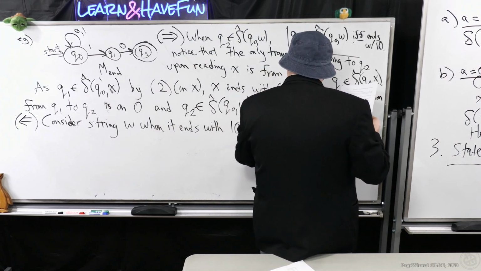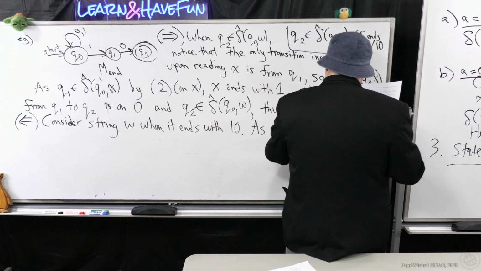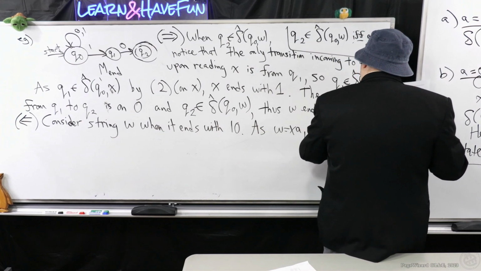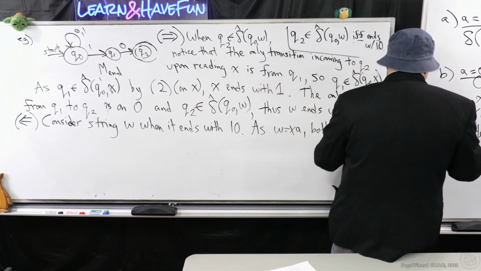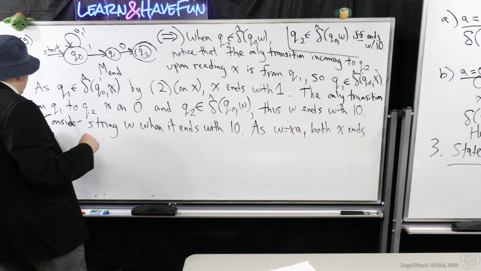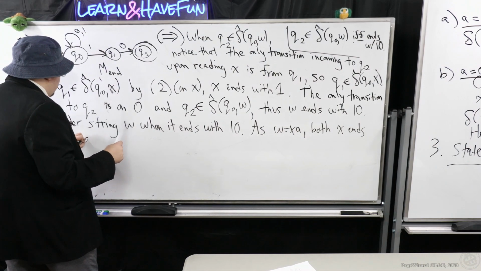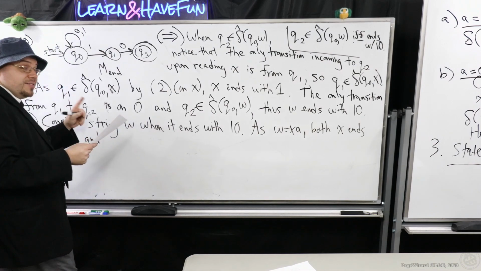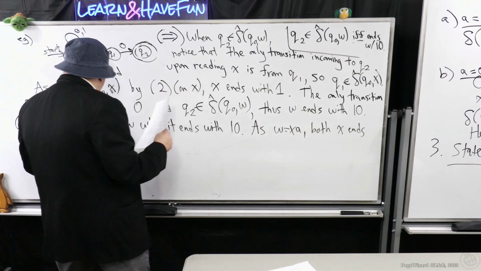As W equals XA, X ends with 1, and what else do we know?